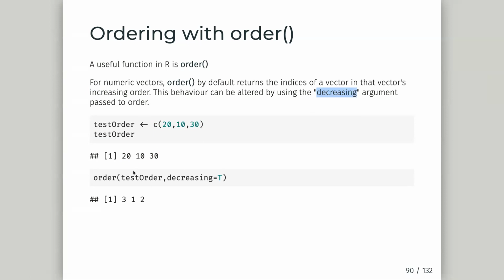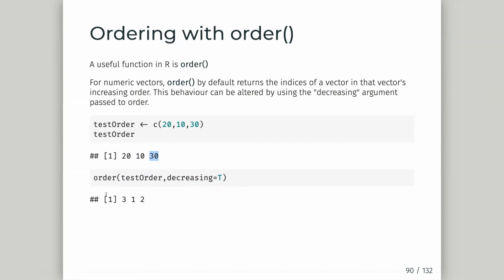So let's give it this test order where we have 20, 10, and 30. We want it now to be increasing or decreasing. If I was to do decreasing, the first would be the third. So it's saying the third should go first now, then the second would be the next value, and then the first would be the last value. So the third value in this test order is my highest value.